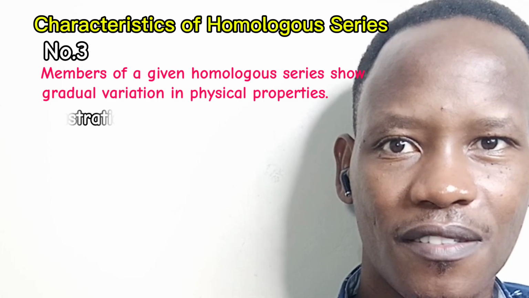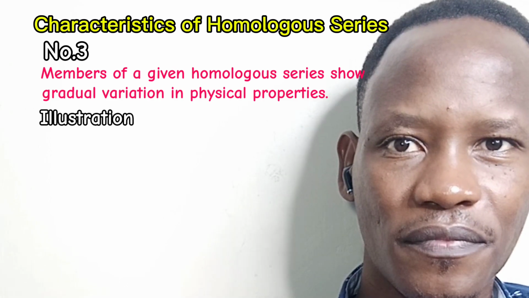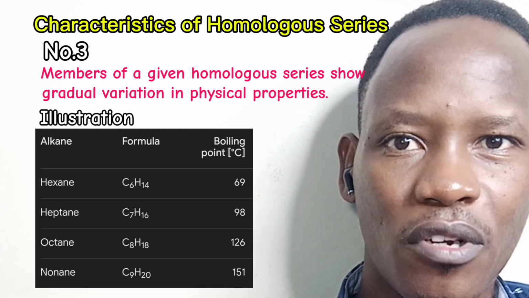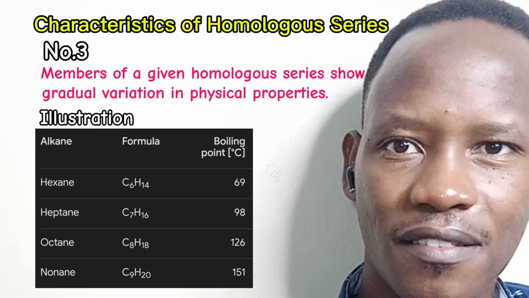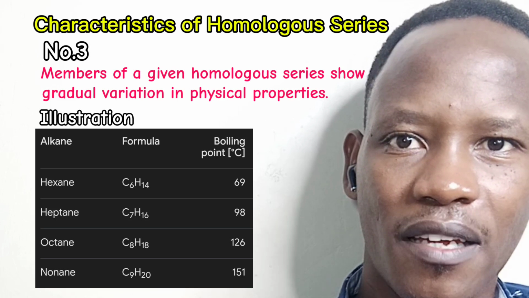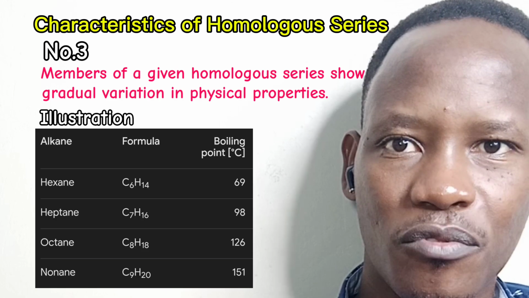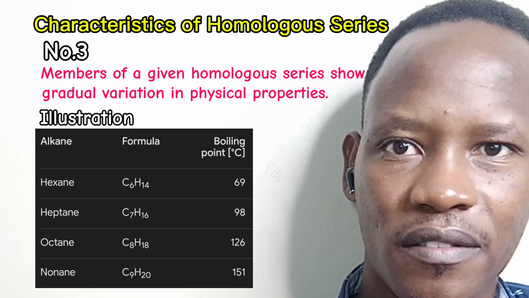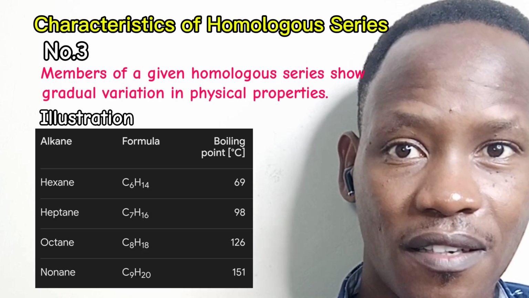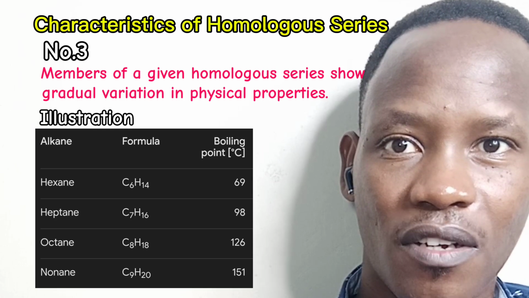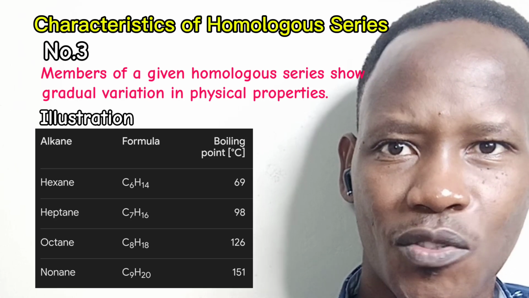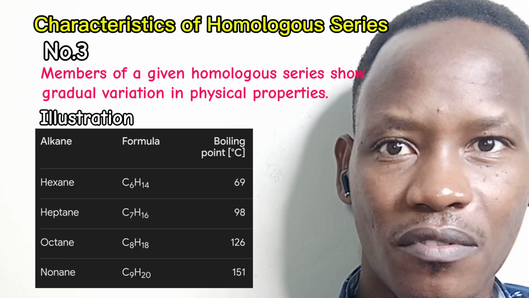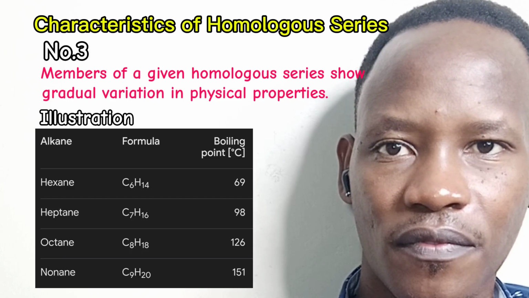To illustrate this, displayed besides here are the boiling points of the alkanes starting from hexane up to nonane. Notice that hexane is a 6-carbon alkane, and the last one in the table, which is nonane, is a 9-carbon alkane.